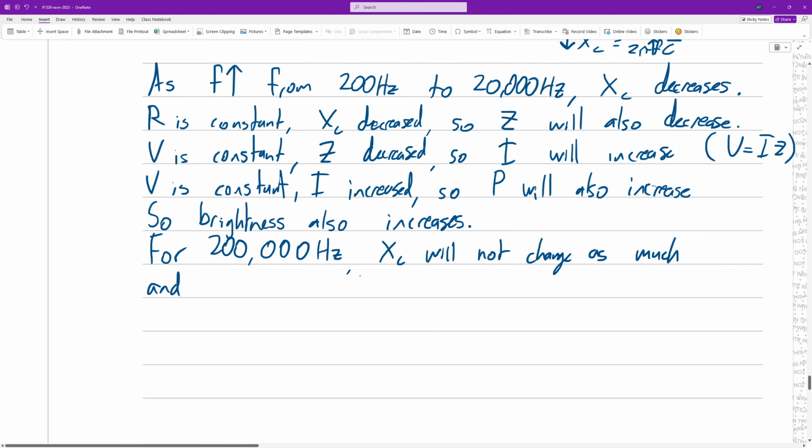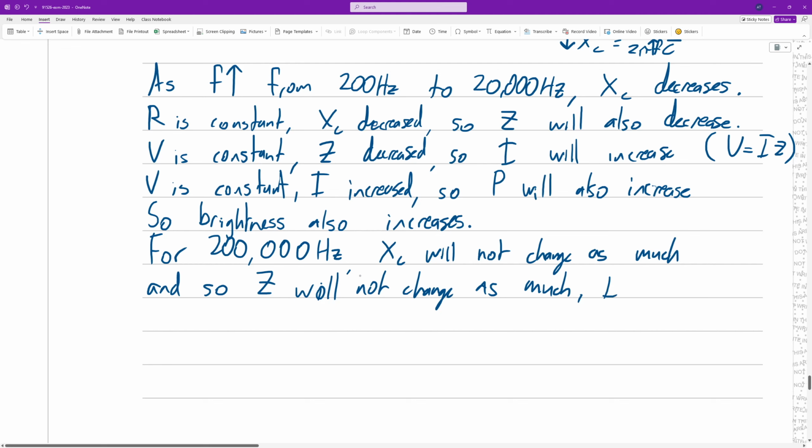And so impedance won't change much, or will not change as much, right, compared to the initial change. What does that mean?